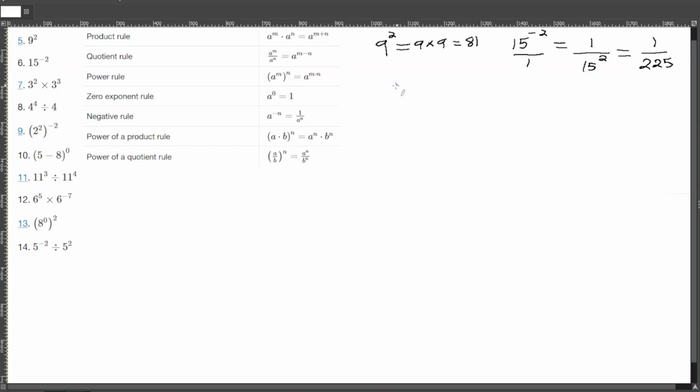Now 7, let's see. So they want 3 squared times 3 cubed. So we can add these powers. This will be 3 to the 5th power. And 3 to the 5th power is going to be 3 times 3 times 3 times 3 times 3.